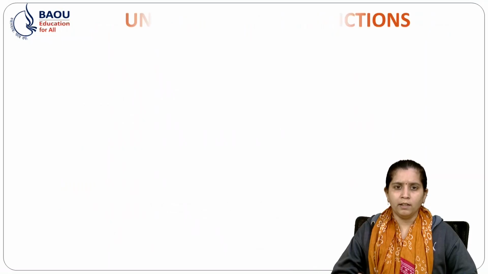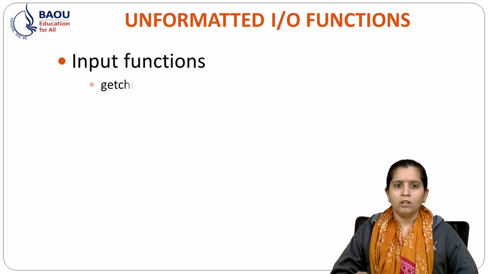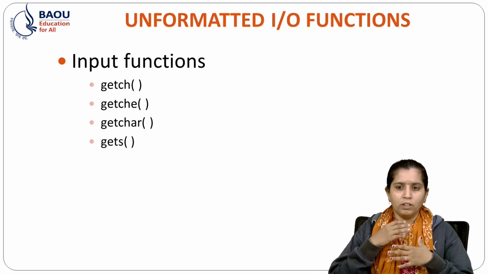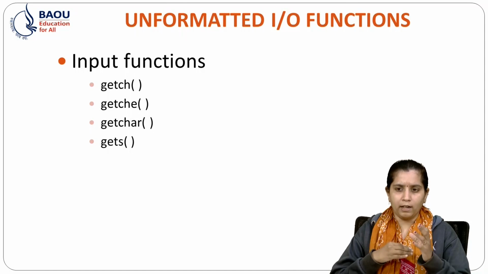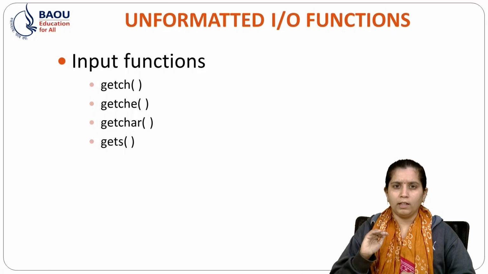Now let's see unformatted input-output functions. We have getch, getche, getchar, and gets. So what is getch? This function accepts a character from the keyboard and does not echo the typed character on the screen. It will read a character just after you type it, and we do not have to wait for the enter key to be pressed.